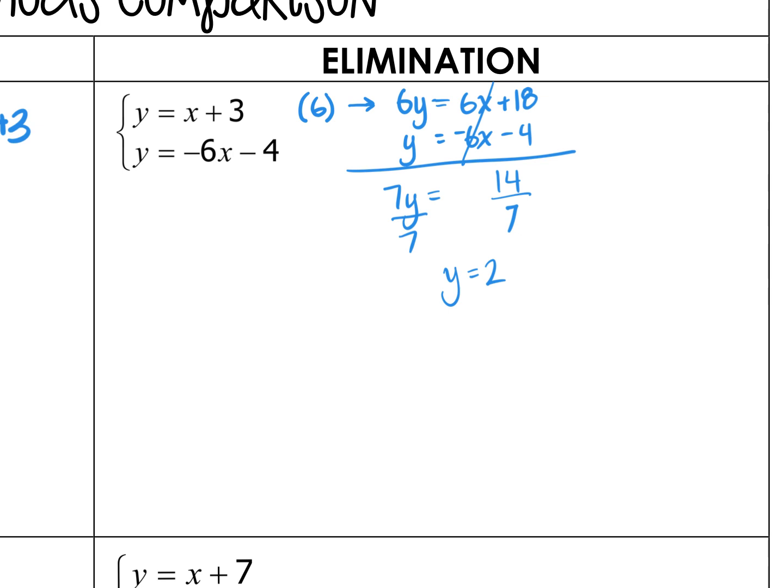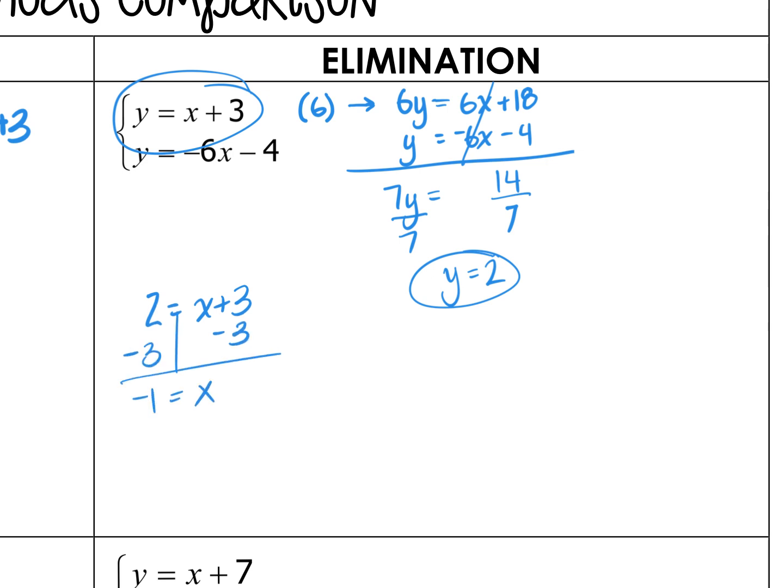I think elimination's easier. Yeah, it depends on the problem. Substitution's easier. So I'm going to take this y equals 2 and plug it into this top equation. So I get 2 equals x plus 3. Subtract 3 from both sides, and I get x equals negative 1. We did a lot of the same math in these problems. So you can see how some of them look like they're a little bit easier.